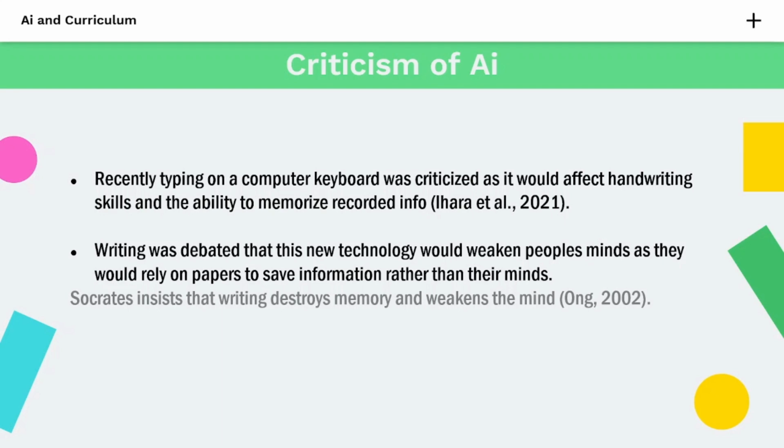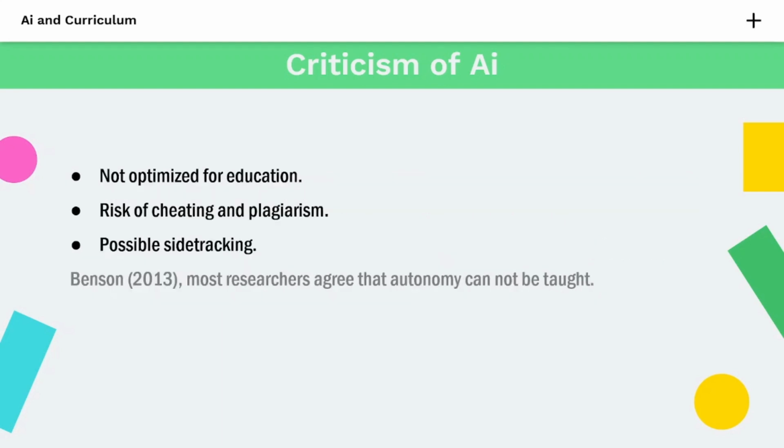And thousands of years ago, the invention of writing and using pens was criticized by Socrates, insisting that writing destroys memory and weakens the mind. Having that in mind, even though AI has its pitfalls, it could provide a leap in education as these two tools provided.